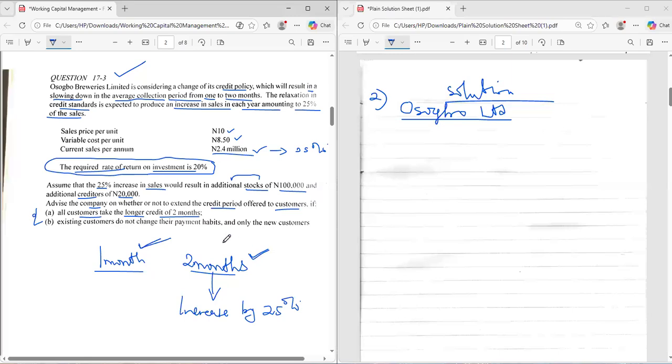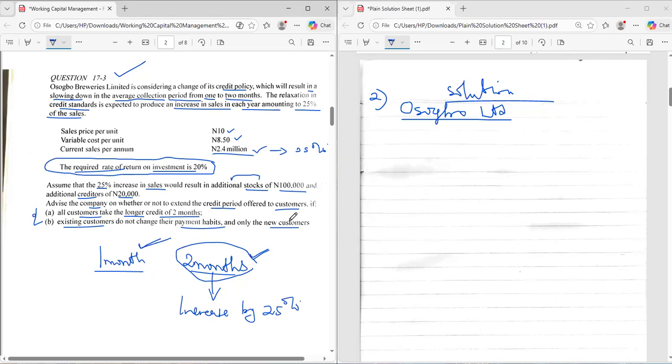Or assumption two, existing customers do not change their payment habits, but only the new customers will change. So existing customers will say, well, we can still pay within 1 month, and they pay. While the new customers will say, thank God, we're going to be using 2 months. So these are the two instances we are going to compute for our solution.